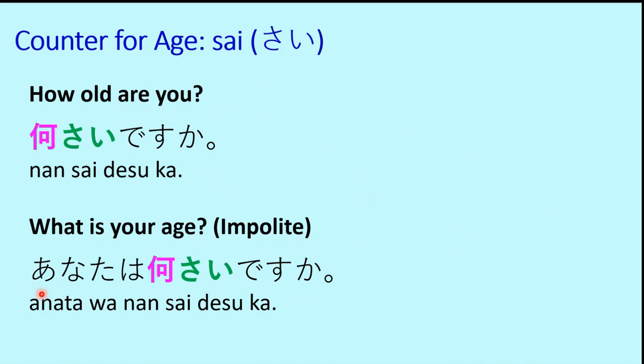So this is avoided, but when we ask someone younger than us or among friends, in very informal communication, we may use anata. That's why we have mentioned it as an impolite way of asking someone's age. Anata wa nansai desu ka? What is your age? Or nansai desu ka? Simply, it is how old are you?